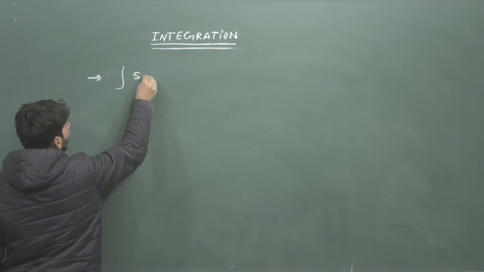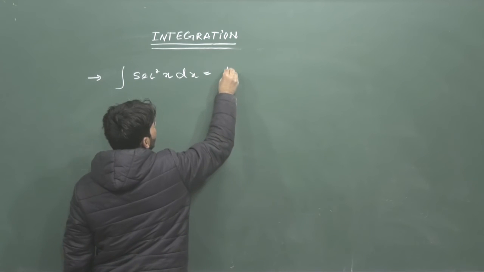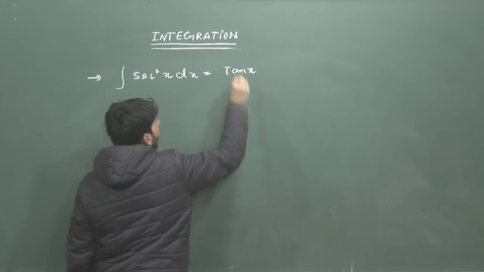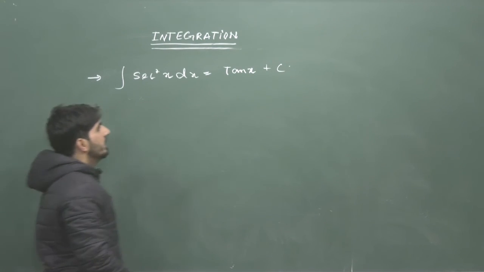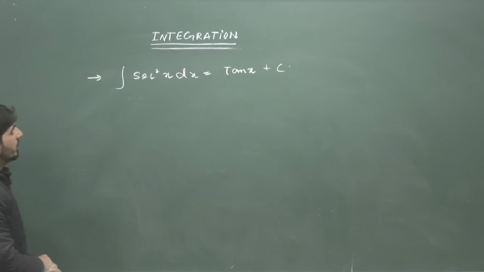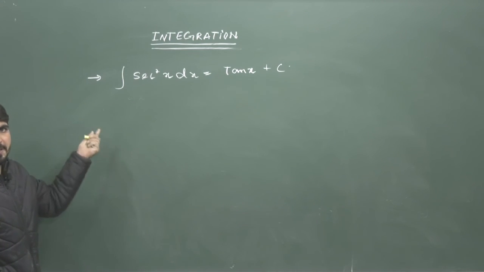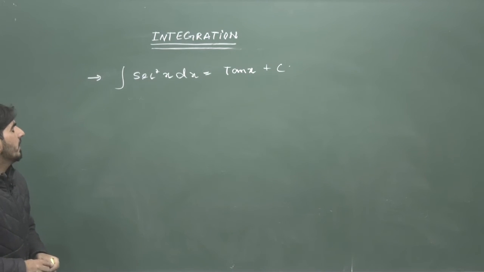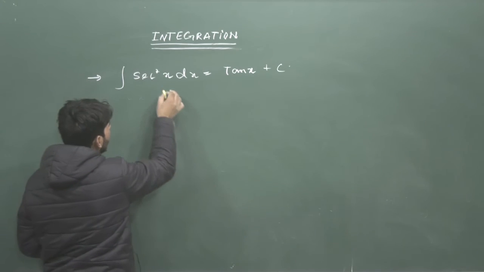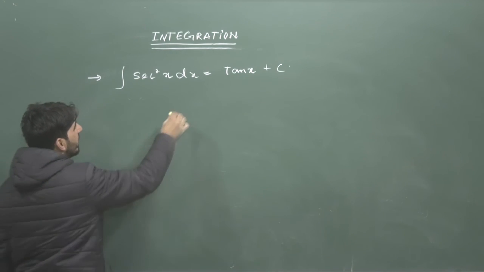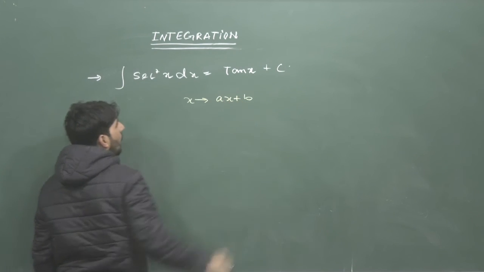Now the another point is integration of sec square x dx is tan x plus c, the direct formula, because we know that differentiation of tan x is sec square x. So integration of sec square x will be tan x. Now, if we replace here x as ax plus b, what will happen?